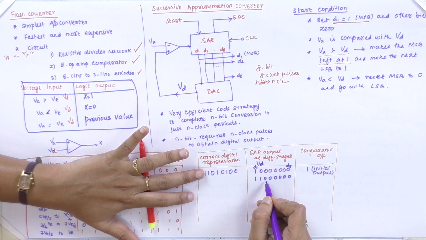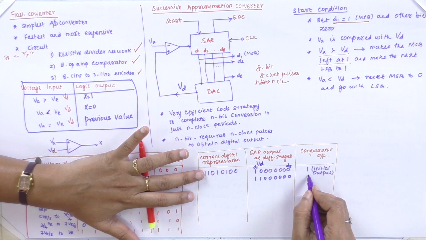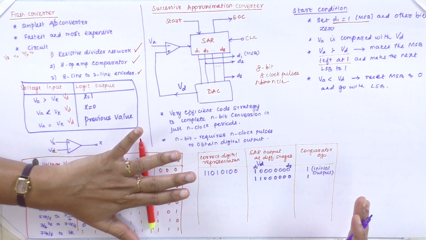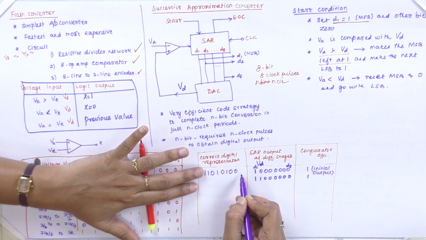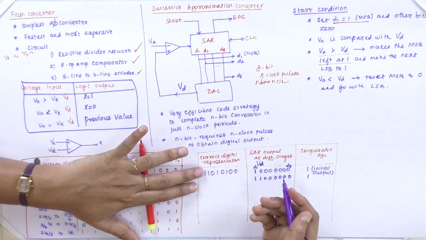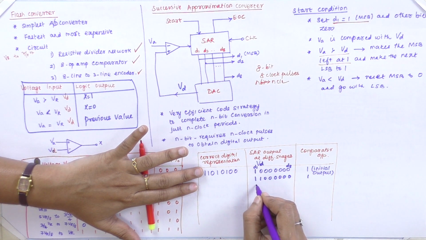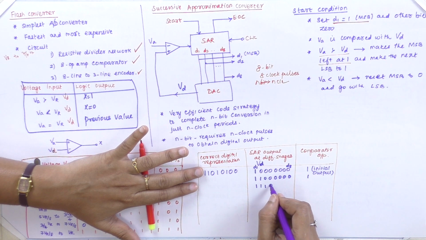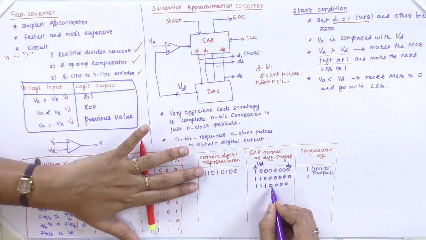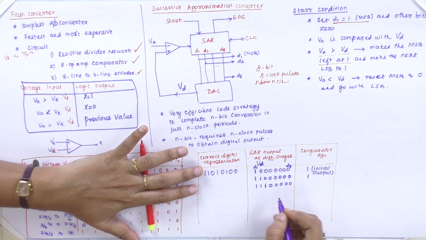Again in this condition my initial input is 1. Now again VA is 1 1 0, so again these values were greater. So VA is greater, and I have to make the bit next to the MSB 1. Four bits, 1 1 0 1, 1 1 0 1, one more 0.